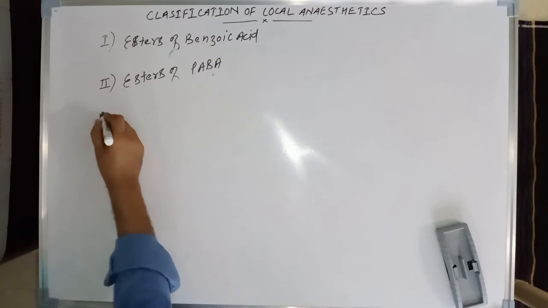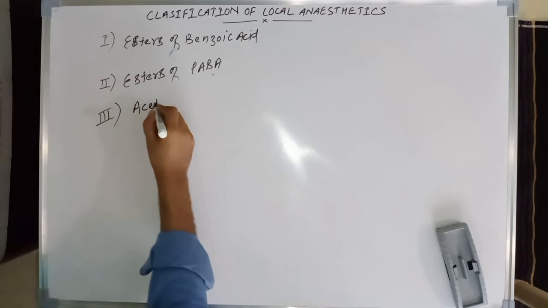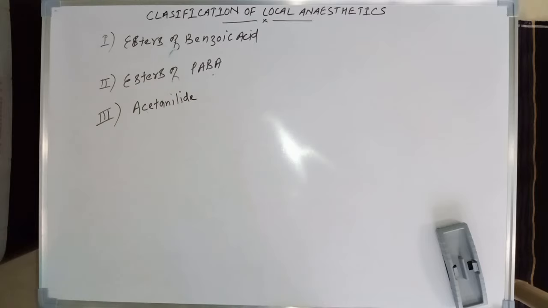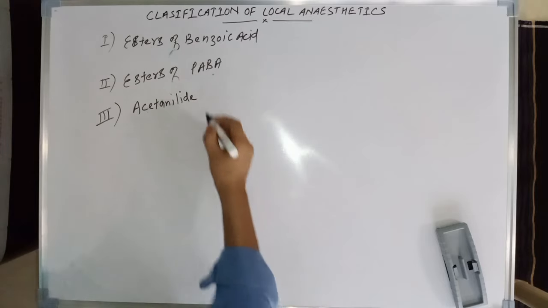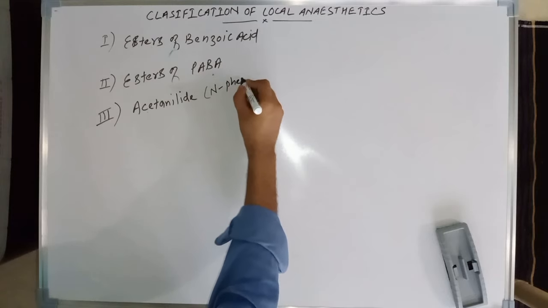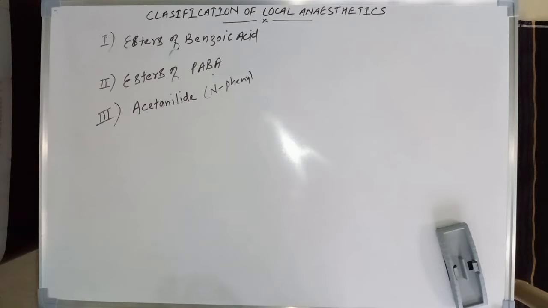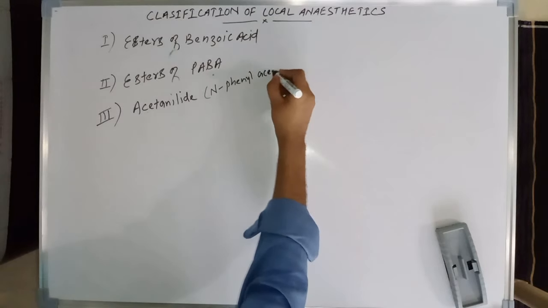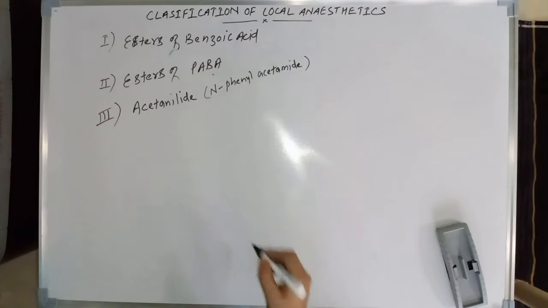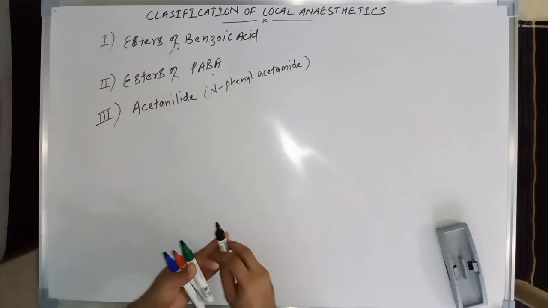Now let's see the third class of local anesthetics, acetanilide derivatives. What is acetanilide? Acetanilide is nothing but N-phenyl acetamide. What is the structure of N-phenyl acetamide?